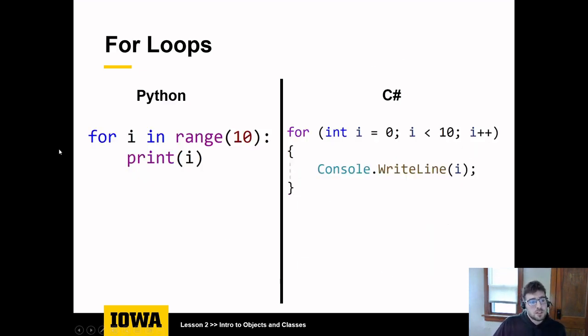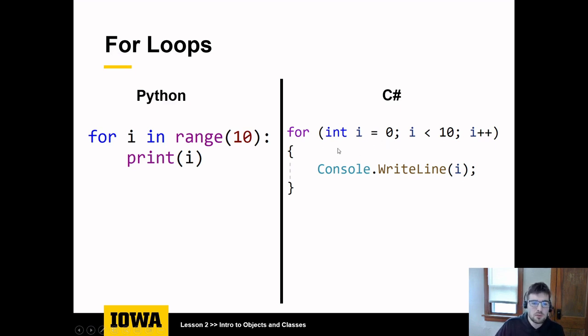Okay, for loops. So in Python, your for i in range syntax here, this will print 0 through 9. For i in range 10, i will be 0, then 1, then 2, all the way to 9, right? And in C# we got a lot more syntax going on here. So we have these parentheses, and in these parentheses we have a weird structure, and we're going to read it in a weird order too.